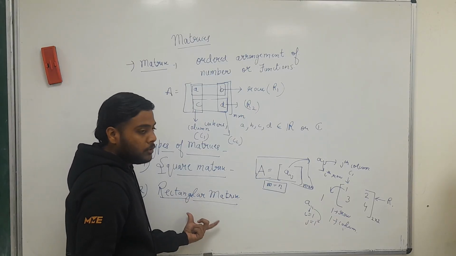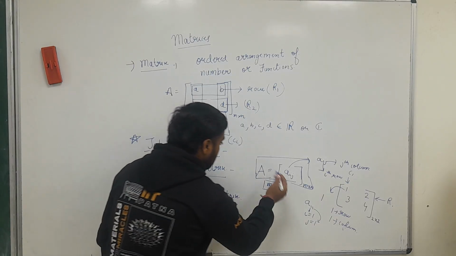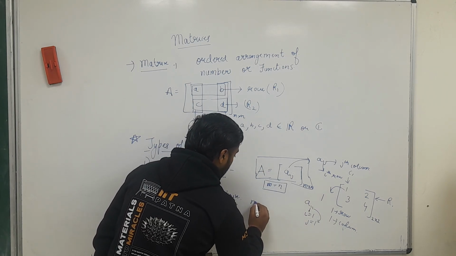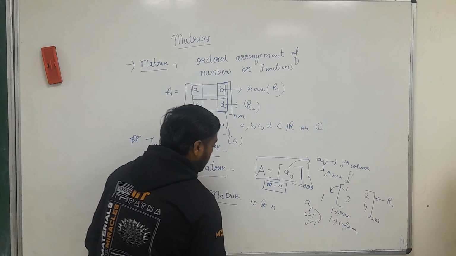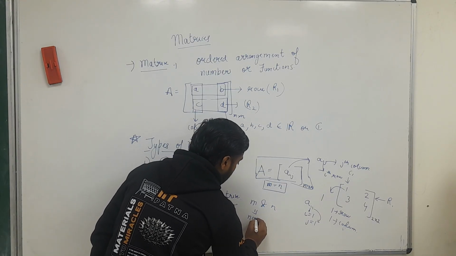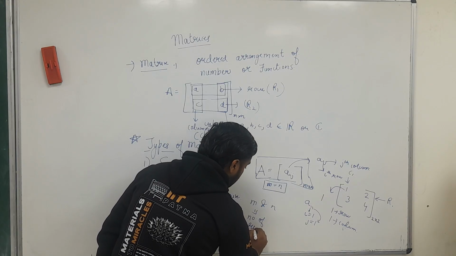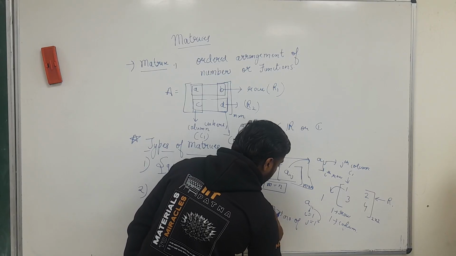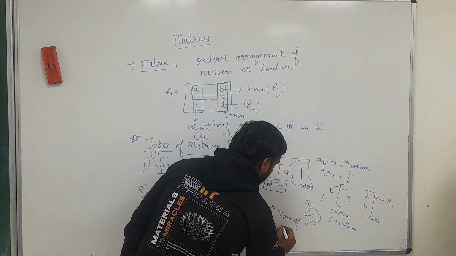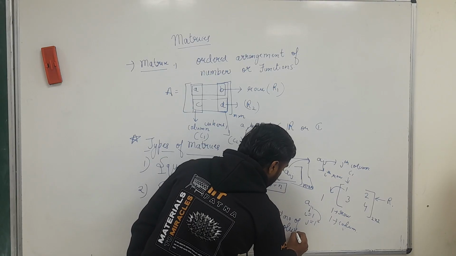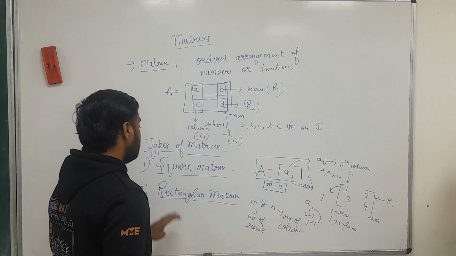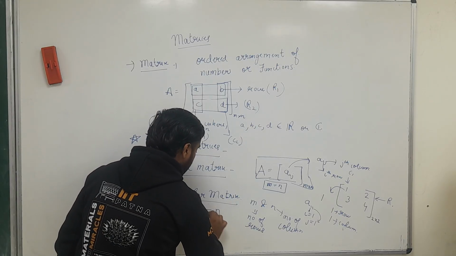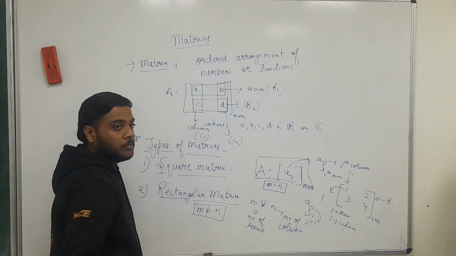So a rectangular matrix, whose order is m cross n, has m number of rows and n number of columns. Okay. So in a rectangular matrix, the values of m and n should not be equal. Okay.